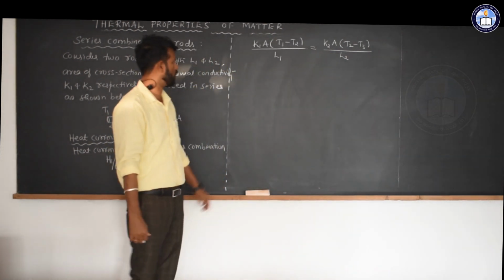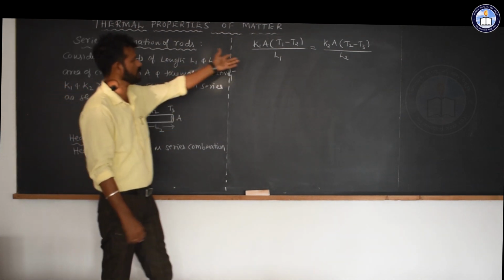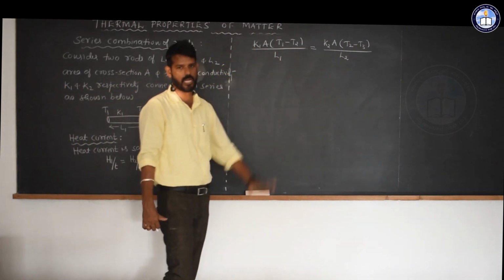This is the heat current formula. By knowing the known terms, you can calculate the unknown thing.